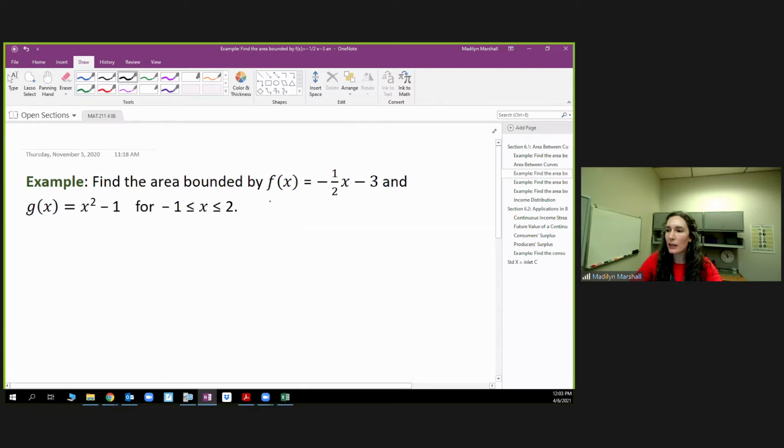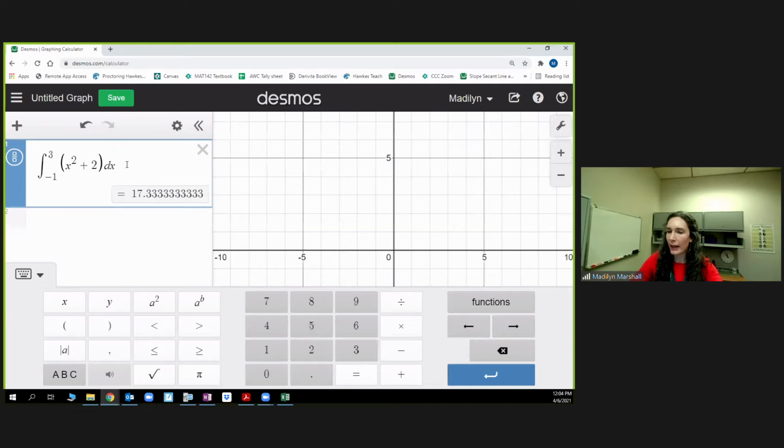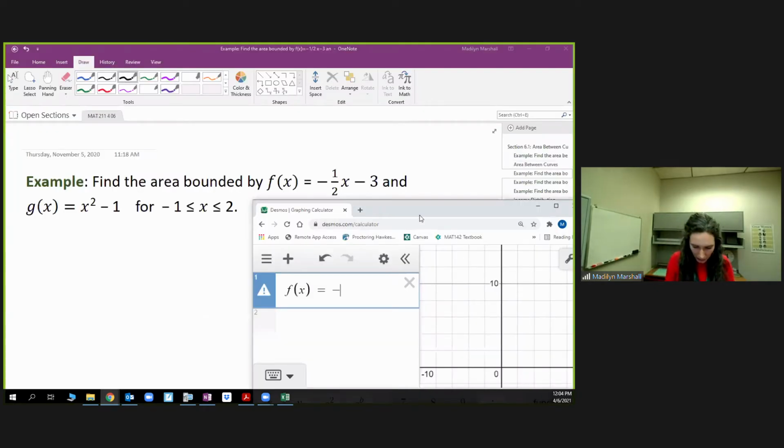So let's go ahead and just graph each of these on Desmos real quick so we can see each of them. We have f of x equals -1/2 x minus 3.